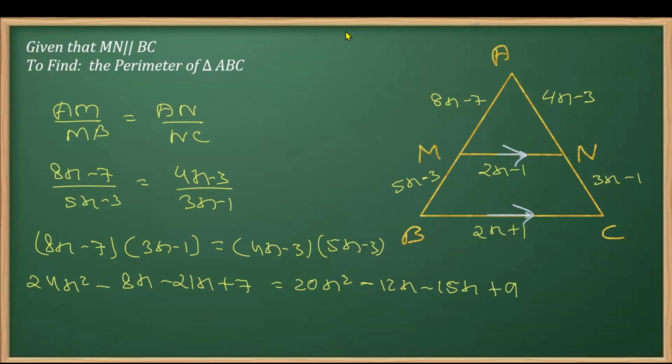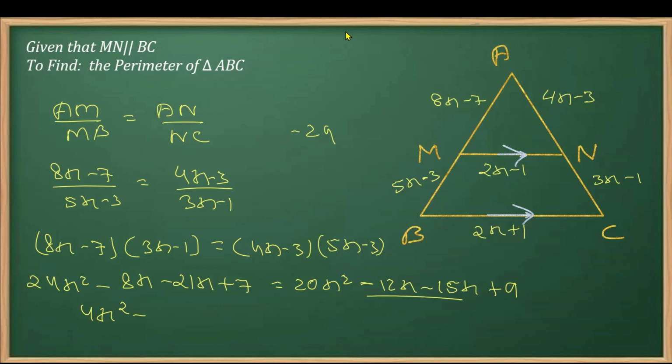So check here, we have like terms. 24x square minus 20x square gives you 4x square. Then minus 8x minus 21x is minus 29x. On this side we have minus 27x.